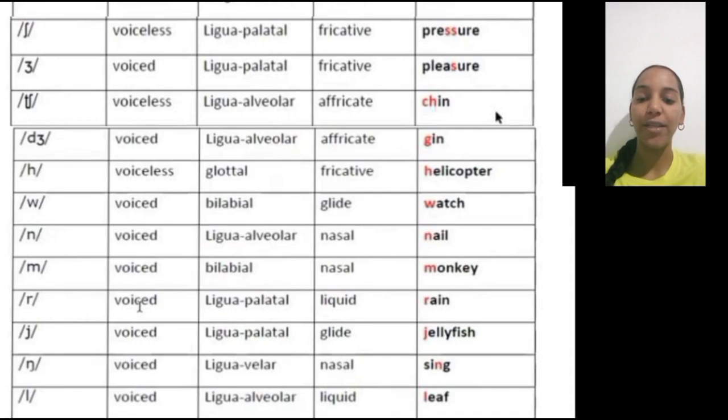Then we have the phoneme ng, which is voiced, velar, nasal, and an example is sing. And finally, we have the phoneme l, which is voiced, velar, liquid, and an example is live.